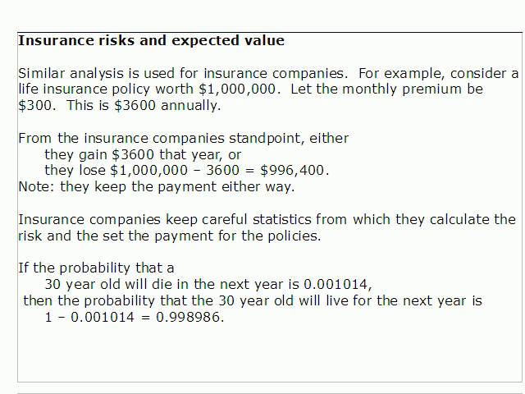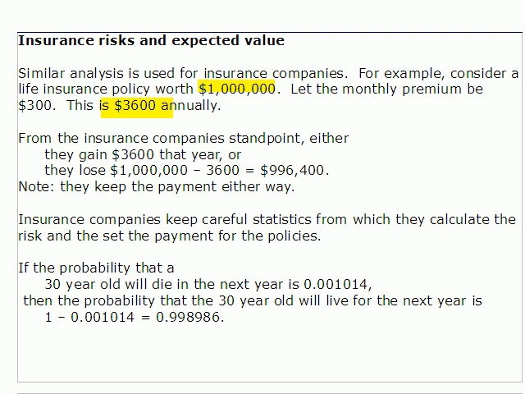Now let's do some insurance problems. Okay, so we'll look from the insurance company side here. Later we'll do the warranty problems. We'll look from both sides. Okay, let's say you have a life insurance policy and it's worth $1 million. All right, and they charge you $300 a month for it, which means we'll do it annually. $3,600 annually goes to the insurance company to insure this person for $1 million.